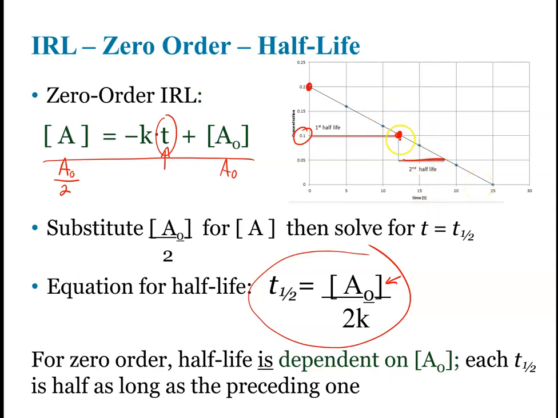So if this one was about 13 seconds, this would be about 6.5 seconds, and the third half-life would be a little over 3 seconds. That's the half-life for a zero-order reaction.